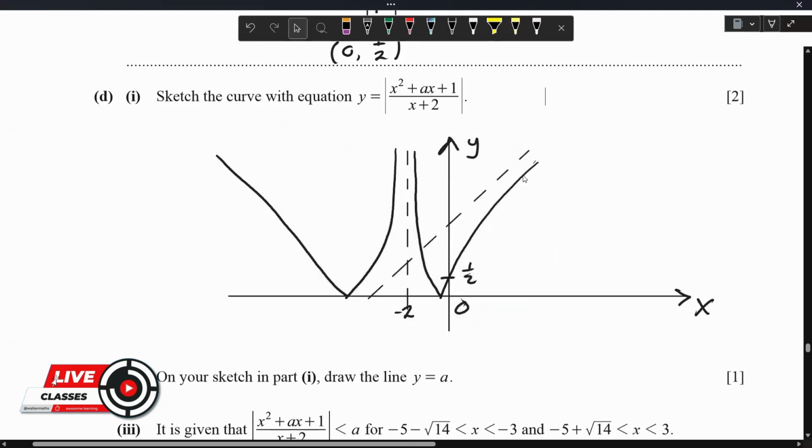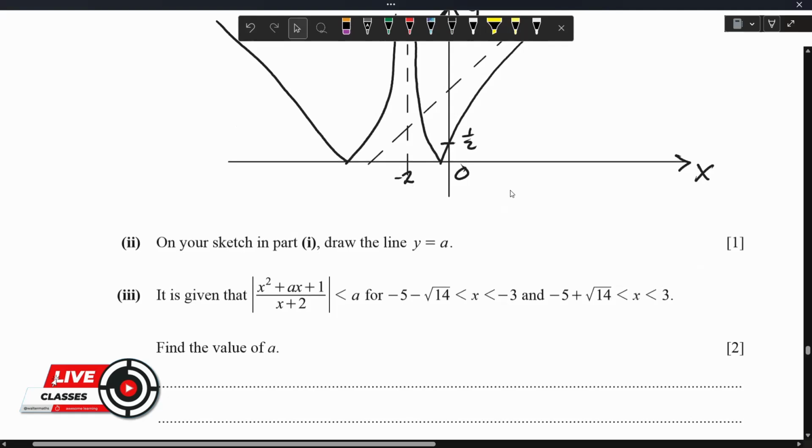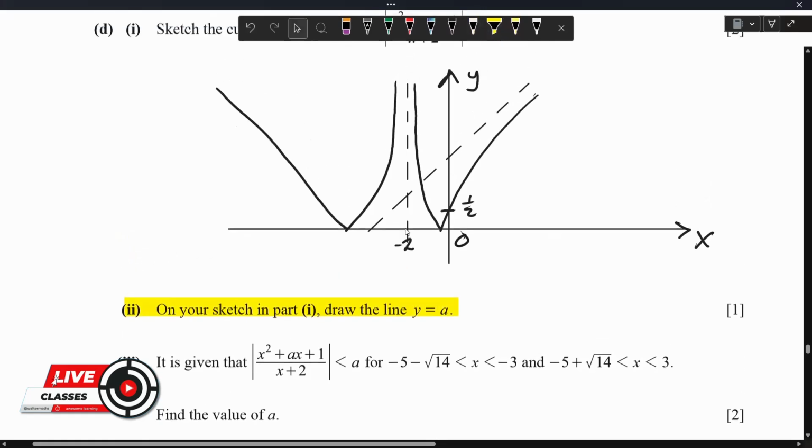Okay, let's move on to the next. On part 2 here, they say on your sketch in part 1, draw the line y is equal to a. A is greater than 2.5, so it can be a horizontal line like this.